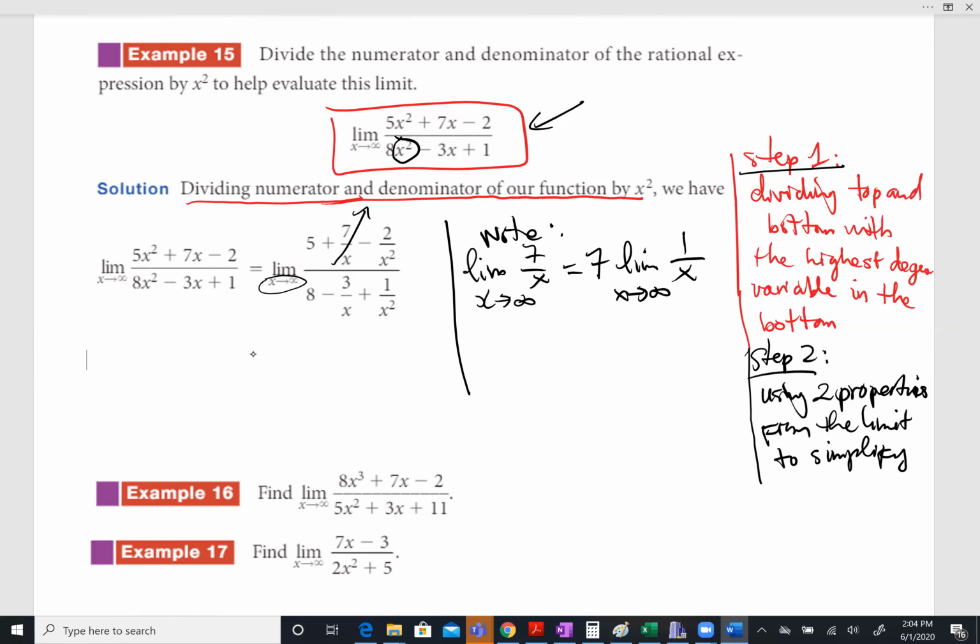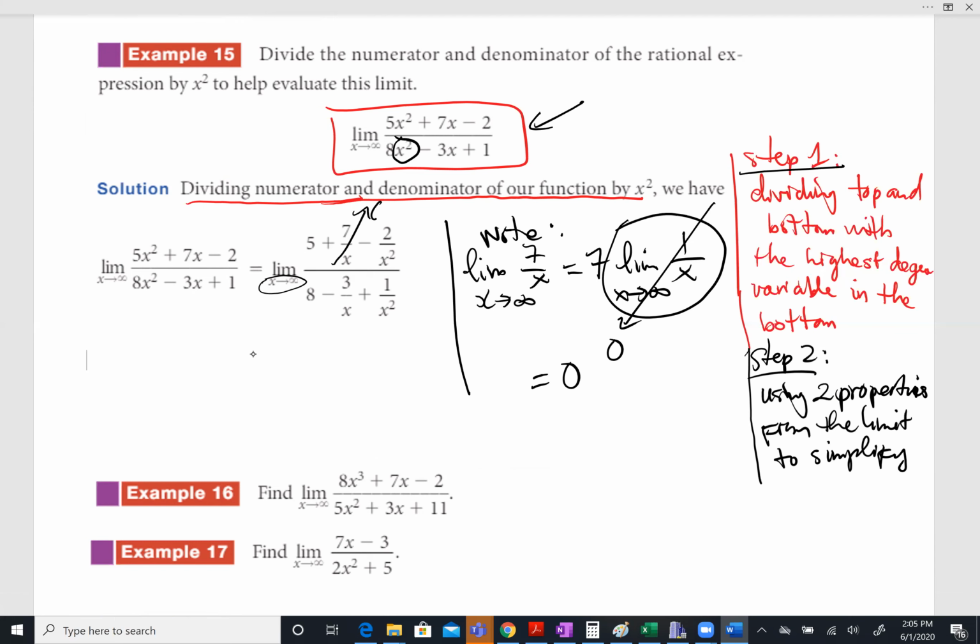And now this part becomes 0, because of probability number 2. You can see that when you plug in x equal to 99999 into 1 over x, it becomes 1 over 99999, and it goes to 0 later. So this becomes 0. 7 times 0 becomes 0 for that.